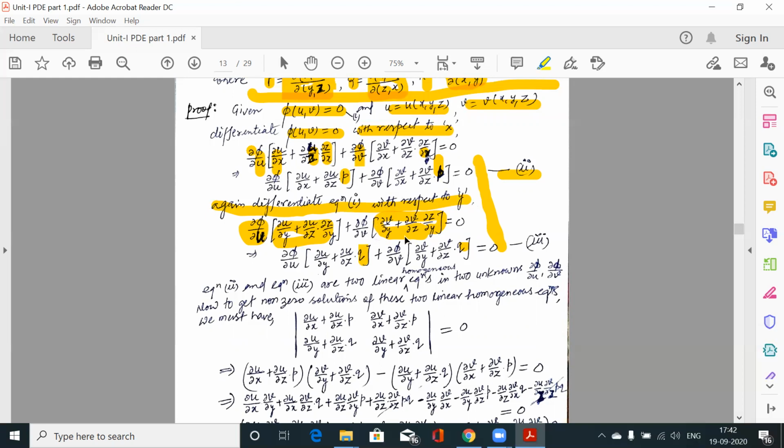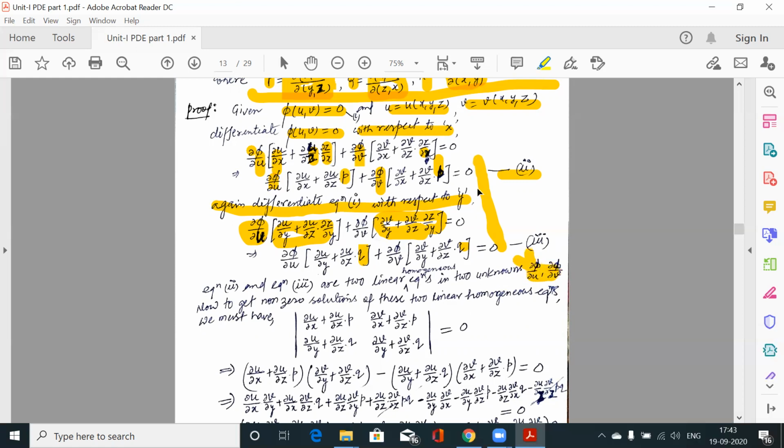If we treat these as a homogeneous system of linear equations, ax plus by is equal to 0 and cx plus dy is equal to 0, considering del phi over del u as one variable and del phi over del v as the second variable, then these are two linear equations in two unknowns, del phi over del u and del phi over del v.